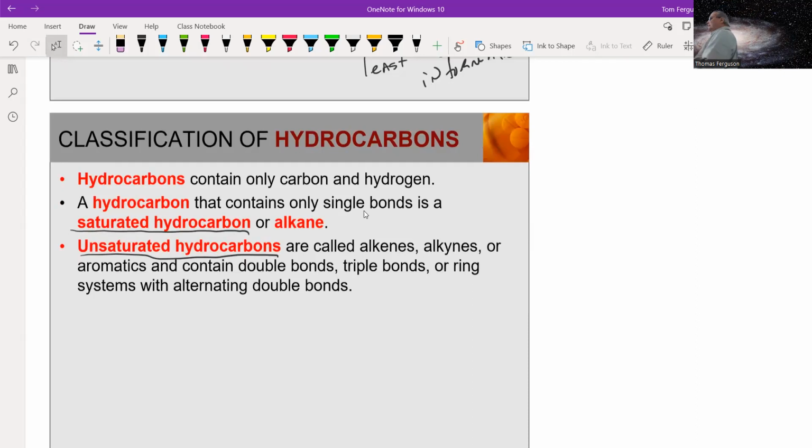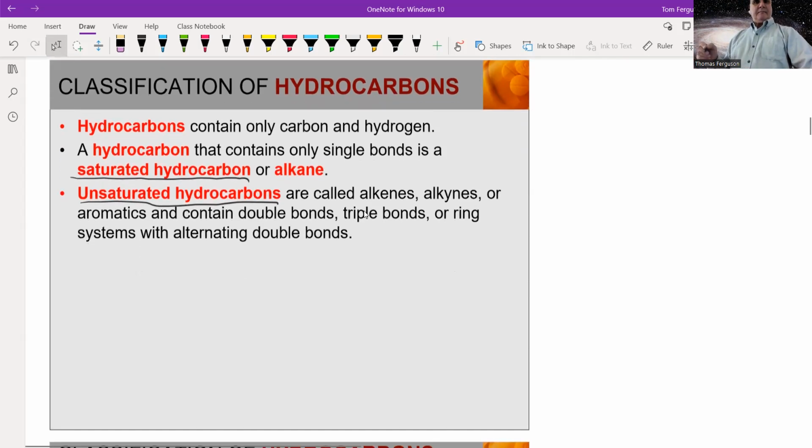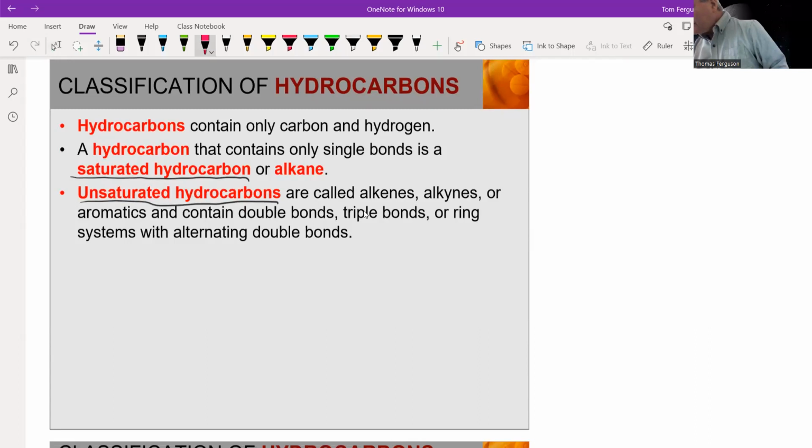Now, yesterday, Tuesday, we talked about hydrocarbons. Hydrocarbons are typically the first group we study in OChem, and they are only made up of carbon and hydrogen. But there are 3 kinds of hydrocarbons.